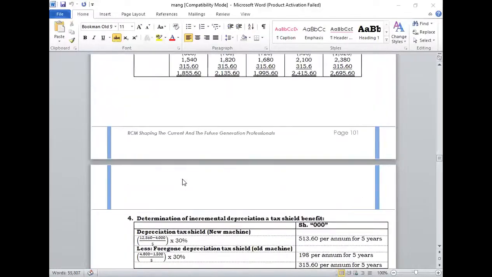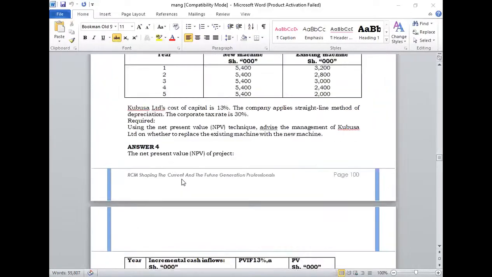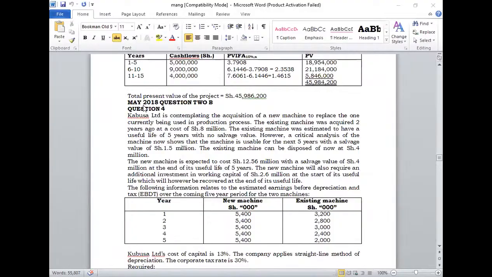So here we are. They are telling us, ladies and gentlemen, Kabusa Limited is contemplating the acquisition of a new machine to replace the one currently being used in the production process. The existing machine was acquired 2 years ago at a cost of 8 million.